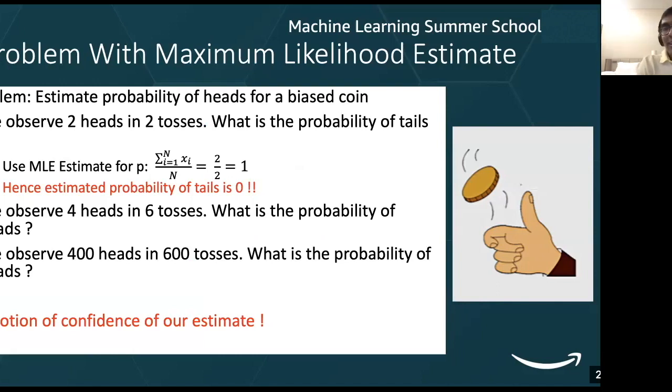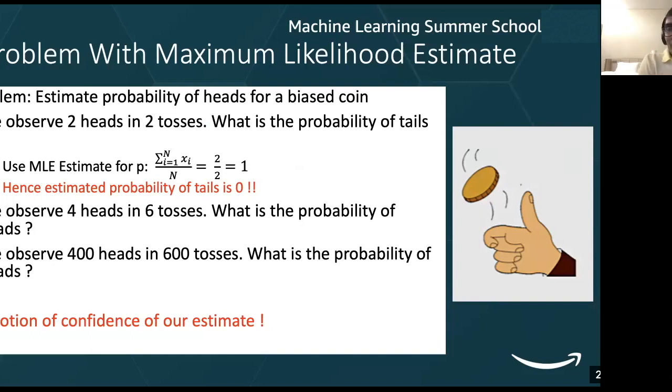This person tossed the coin twice, and in both cases it resulted in heads. Now, if we use the MLE estimate for p, which was the number of heads divided by the number of trials, you will get 2 divided by 2, which is equal to 1, right? So then the person will conclude that the probability of tails occurring is 0.